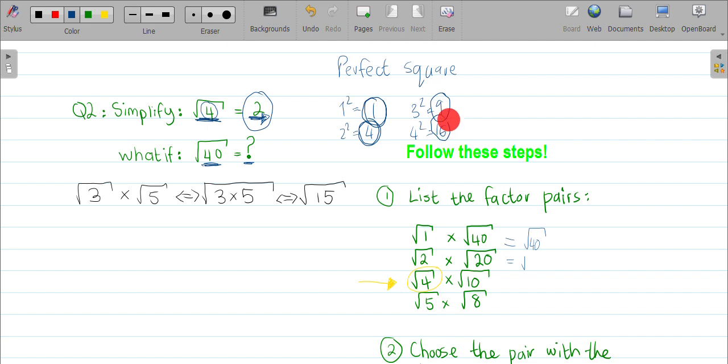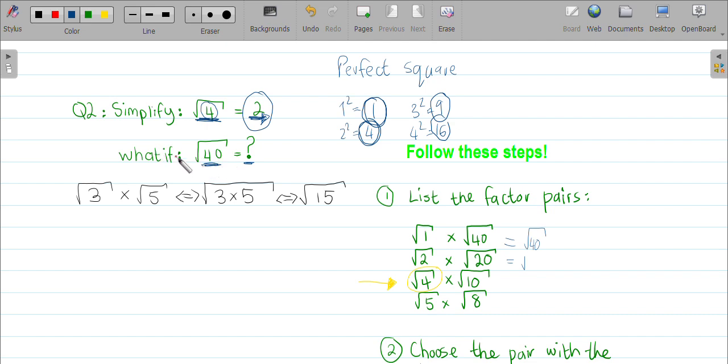We need to know our perfect squares. 4 is the perfect square of 2 squared. So when we have the square root of a perfect square, we simply give the number that multiplied by itself gives us the perfect square. The square root of 4 asks what times itself gives us 4, and the answer is 2.